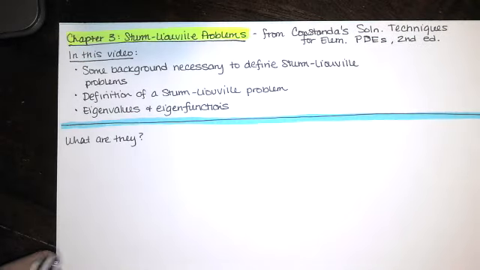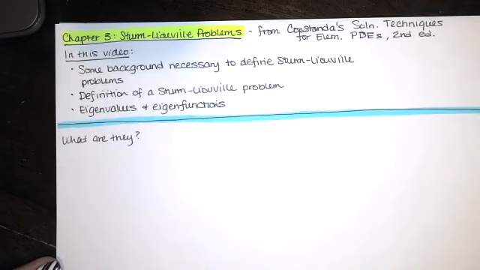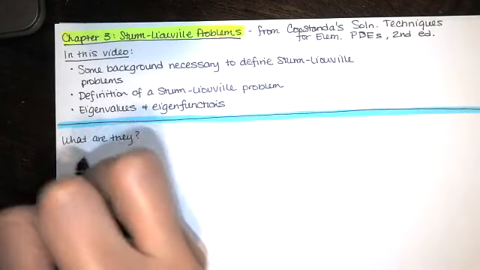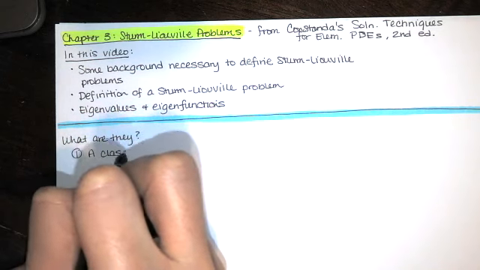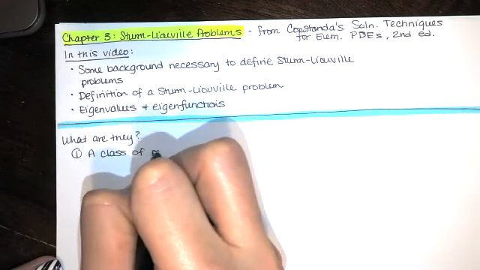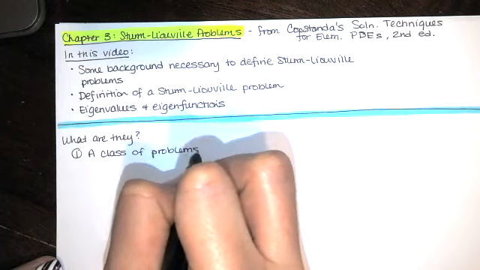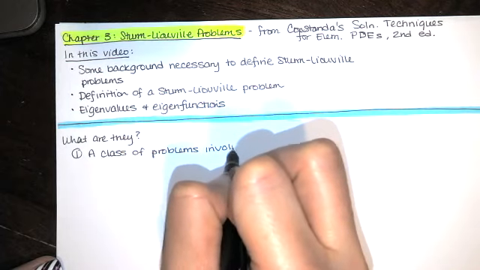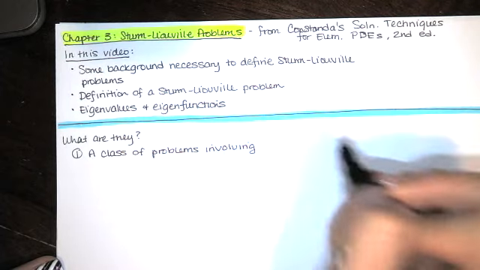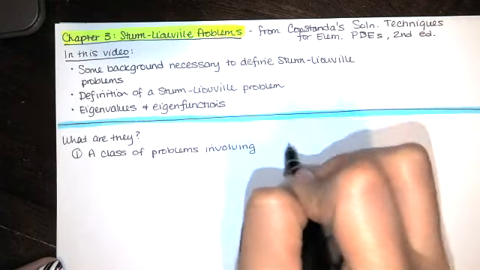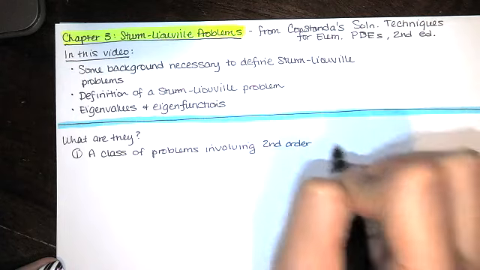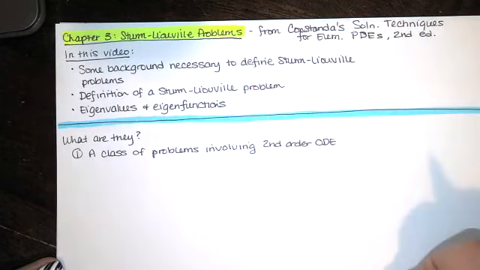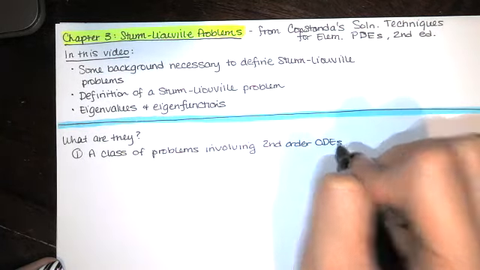Now, before we get started, I just want to tell you what these are. These are a class of problems involving second order ODEs. So we're not actually solving any partial differential equations yet.